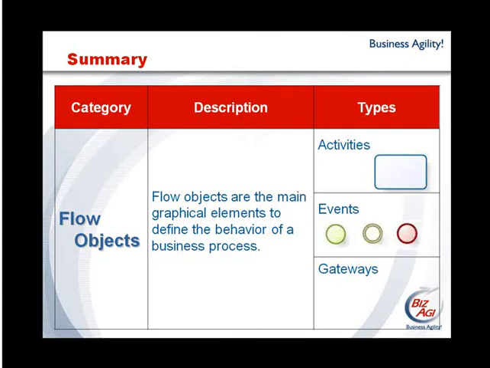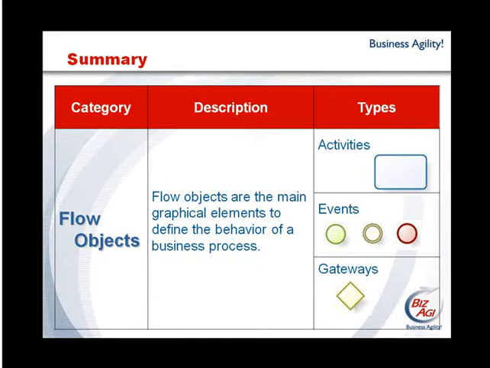Events represent something that occurs or may occur during the course of a process. Within events, we have seen that there are three types depending how the process flow is affected: start events, intermediate events, and end events. Finally, within the flow objects, we find gateways that are the elements used to control divergence and convergence points of the flow.